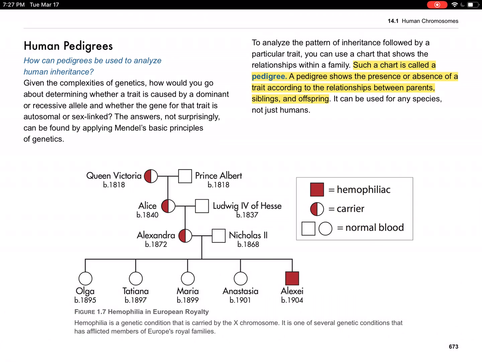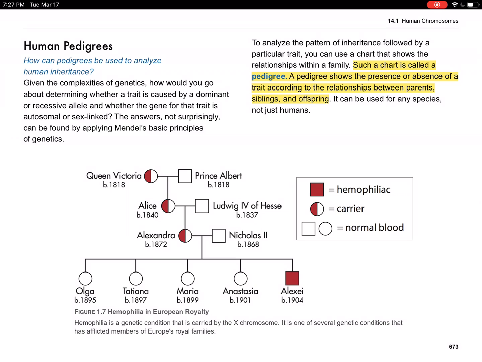Human pedigrees. A pedigree is a chart that shows the presence or absence of a trait according to the relationships within a family across several generations. Here we're going to look at an example of hemophilia. Females are represented with a circle, such as Queen Victoria.